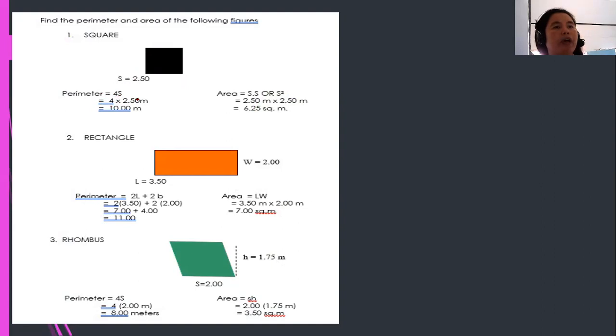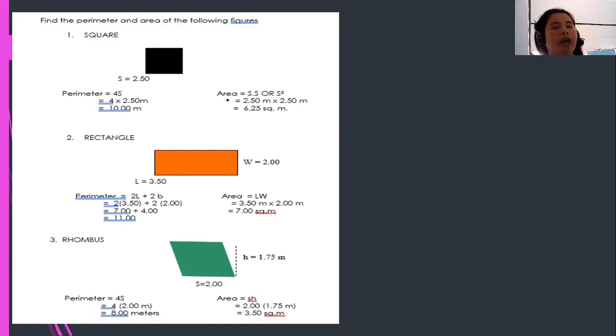So perimeter equals 4s equals 4 times s, and s is 2.50 meters. So we multiply 4 times 2.5 meters, and the answer is 10 meters.